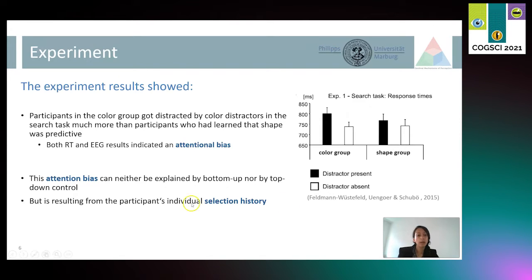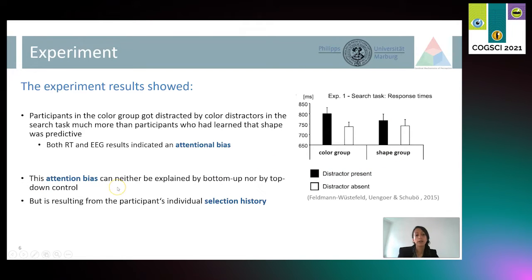Both reaction time analysis and EEG results indicated an attentional bias. As you see here for the search task, the mean of the reaction times for distractor-present trials in the color group is higher than the mean of the reaction times for the same trials in the shape group.